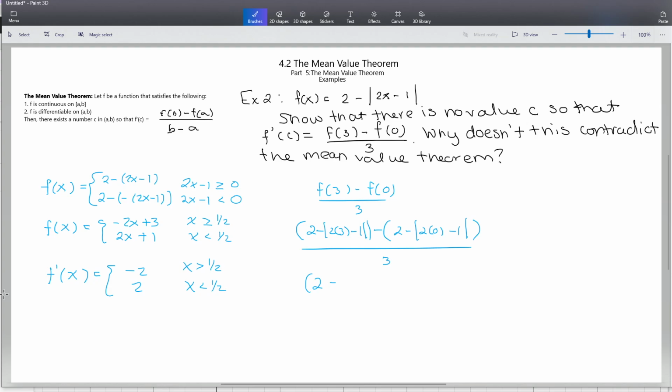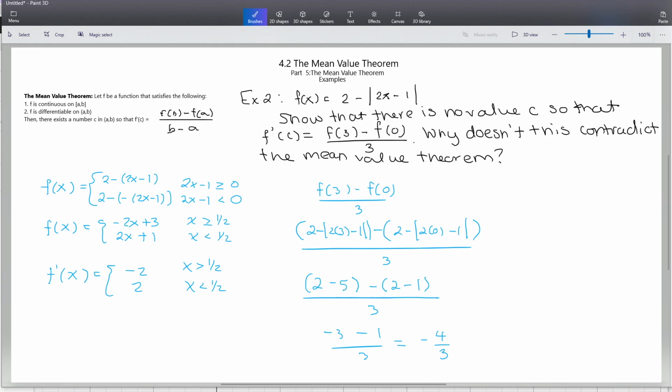So 2 times 3 is 6, minus 1 is 5. The absolute value of 5 is 5. 2 times 0 is 0, minus 1 is -1, and the absolute value of -1 is +1. So this is going to be -3 minus 1 over 3.